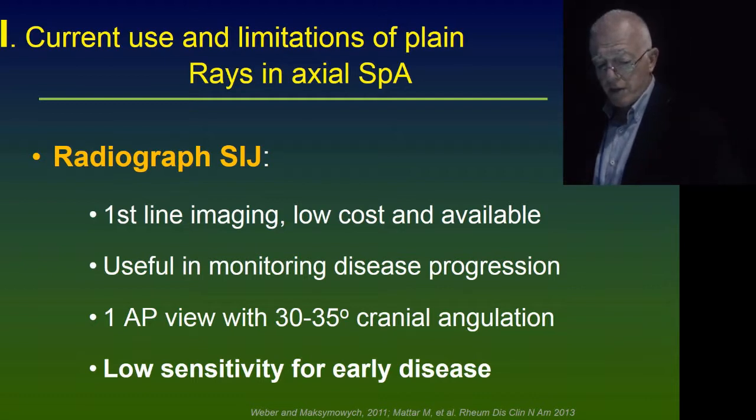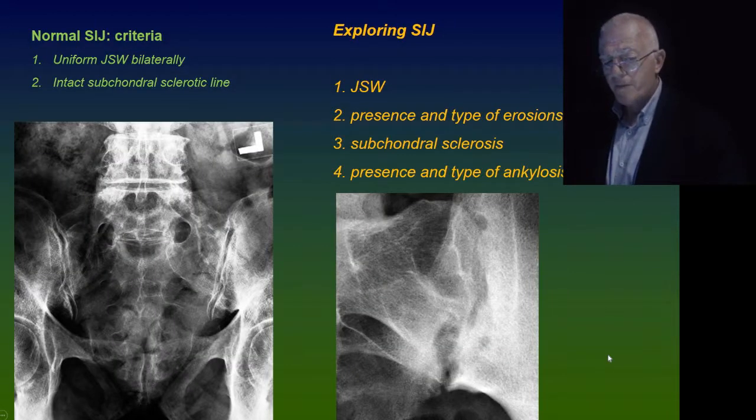We'll see which are these lesions. It's useful in monitoring the disease, and all we need is the so-called Ferguson's view. The Ferguson's view is an AP with 30 degrees cranial angulation. Unfortunately, plain film has a low sensitivity for early disease. That's why we moved to MRI.